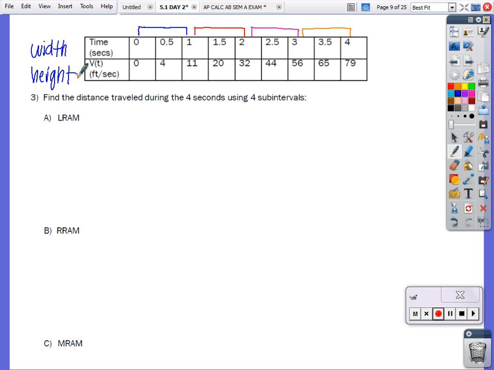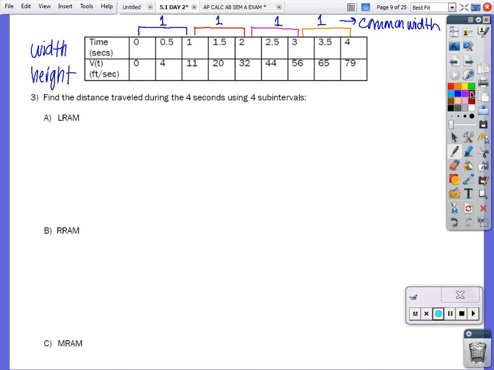So if I have my widths up top, I'll be able to tell how wide each of my rectangles are. How wide is my first one? 1. How wide is the next one? 1. How wide is the next one? 1. And then 1. So this is extremely important, the fact that they're common. You want to know that they're common.